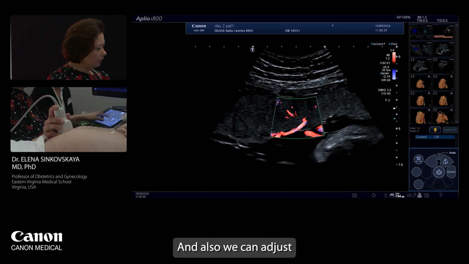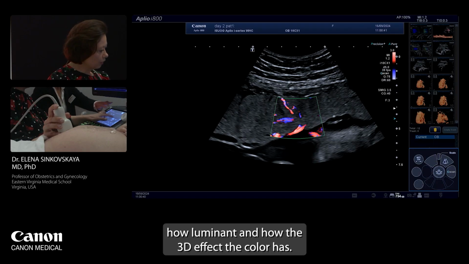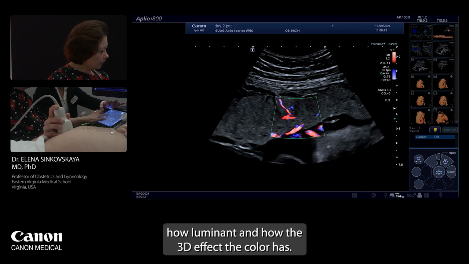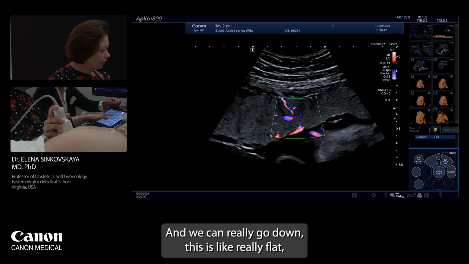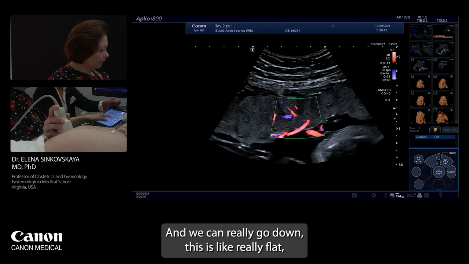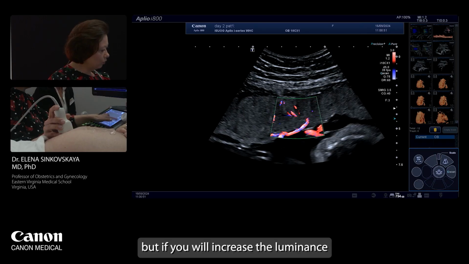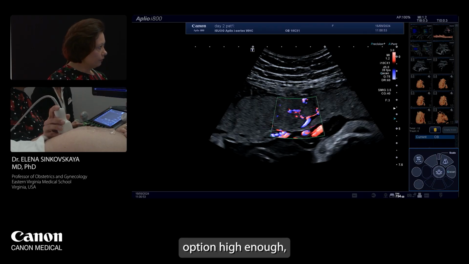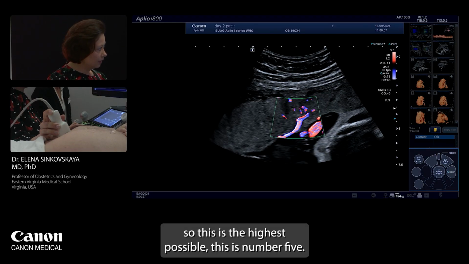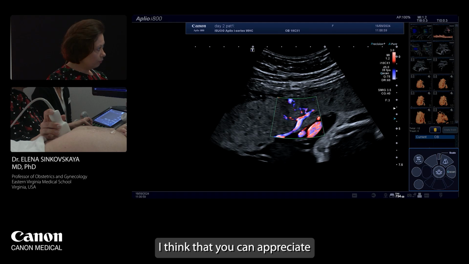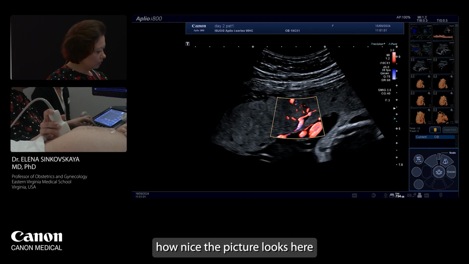And also we can adjust how luminant and how 3D the color effect is, and we can really go down. This is really flat, but if we increase the luminance option high enough, this is the highest possible, number 5, I think that you can appreciate how nice the picture looks here.